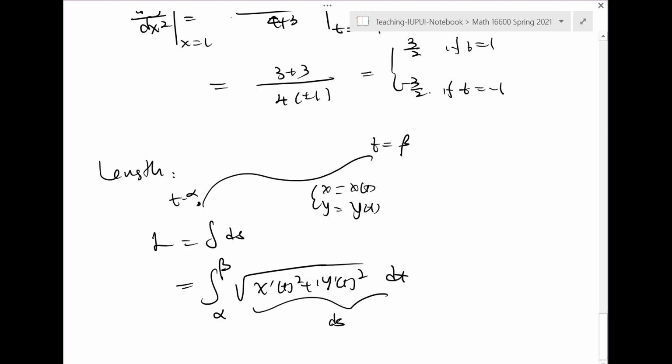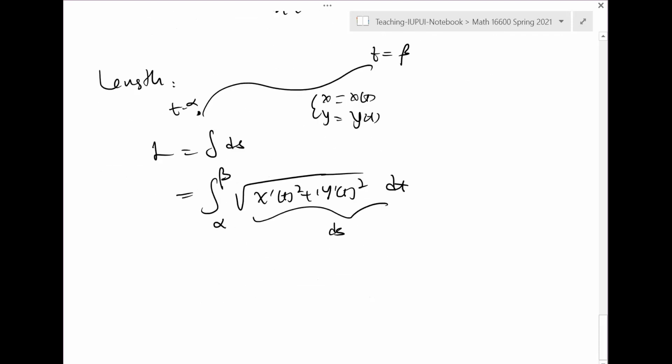But now you change the variable, I'll change it to an arbitrary variable. If t is also arc length, then the square root of these two squares is going to be 1. So this is a very useful formula. You can quickly find the length of the circle.